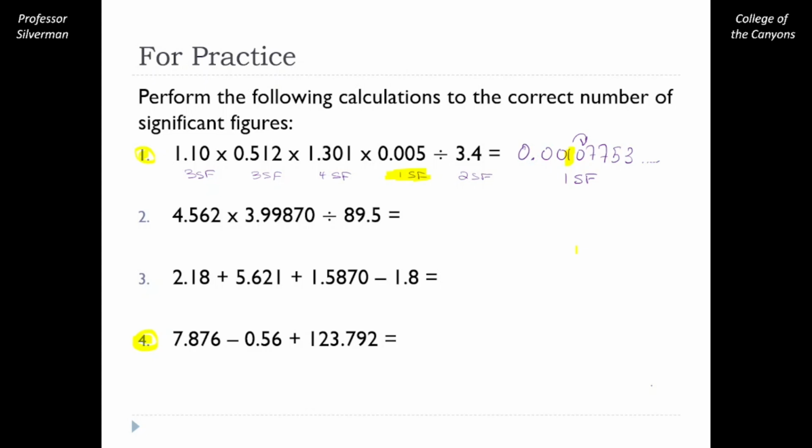That 0 is small, so instead of rounding our 1 up to a 2, we'll just leave it as that 1. And again, let's make sure it's the same number: 0.001. If you'd rather, you can write this in scientific notation. Either answer, totally acceptable.